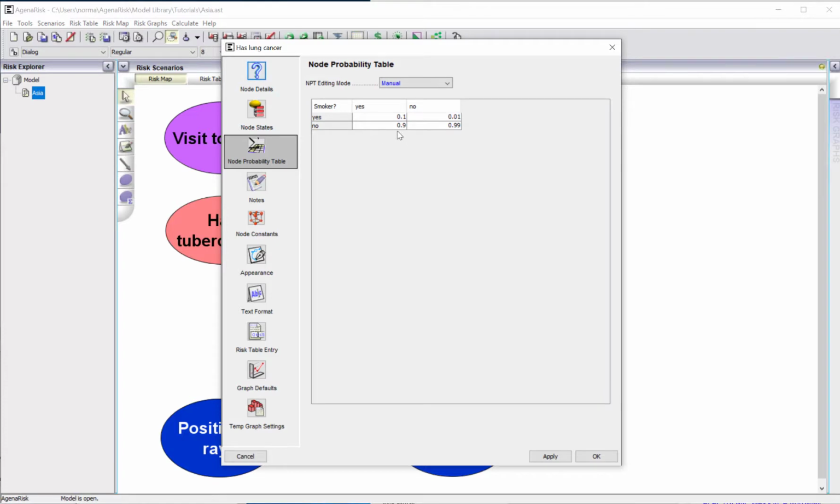So what it's saying here is that if a person is a smoker, then there's a 10% chance that they'll have lung cancer. And if they're not a smoker, there's a 1% chance they'll have lung cancer. The point is that it's still unlikely that they're going to have lung cancer, whether or not they're a smoker, but it's a bit more unlikely if they're a non-smoker.